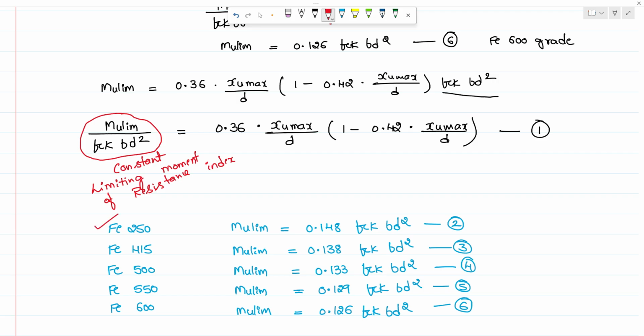For Fe 250, 415 and 500, these equations are readily available in table C of SP 16, that is on page number 10. So let me check the code.